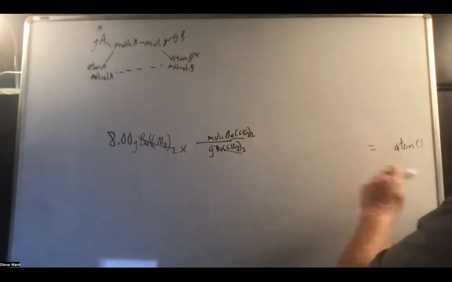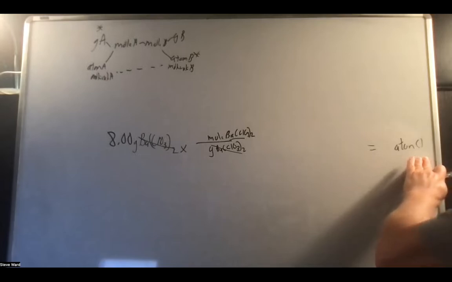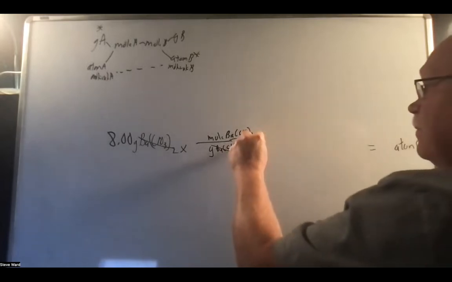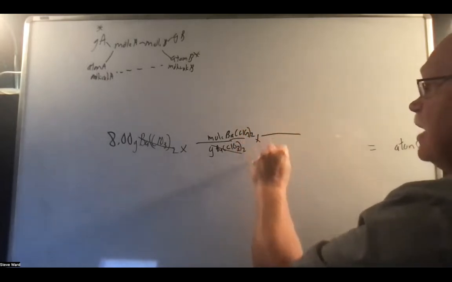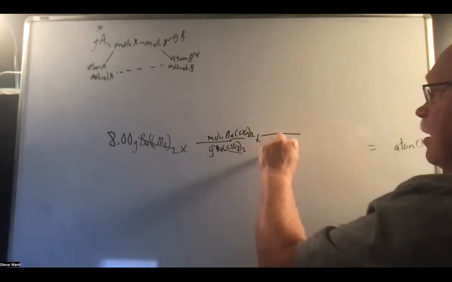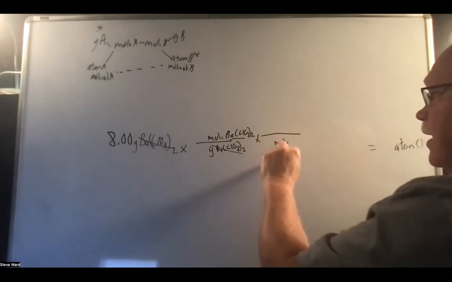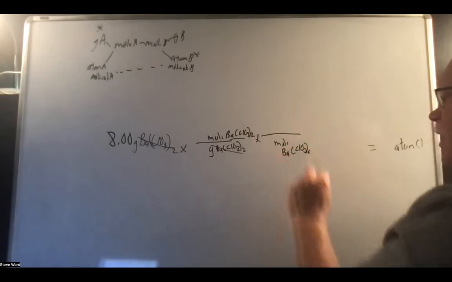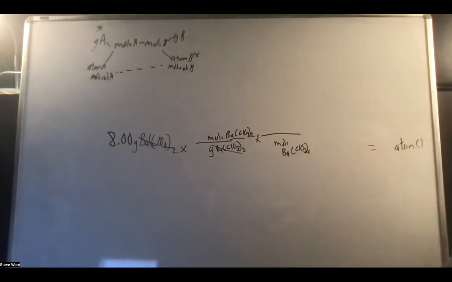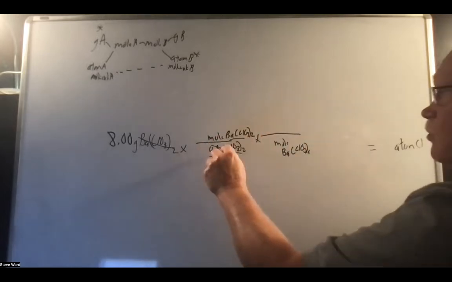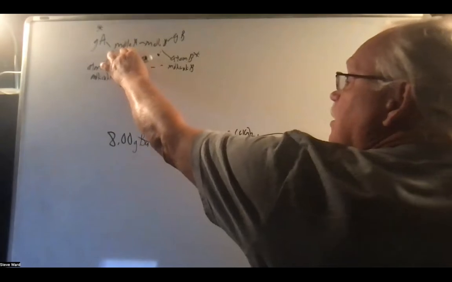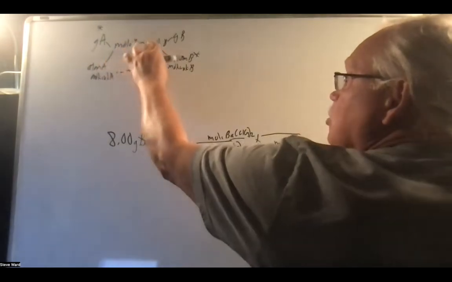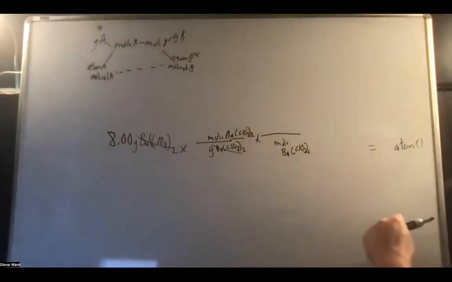But we're not finished with the problem because, again, we're looking for atoms of chlorine. So in the next problem, I put moles, and I'll write it underneath it to save me some room, moles of BaClO3 on the bottom so that it cancels. And what does it tell me to do in the next step? Change to moles of what I'm looking for.